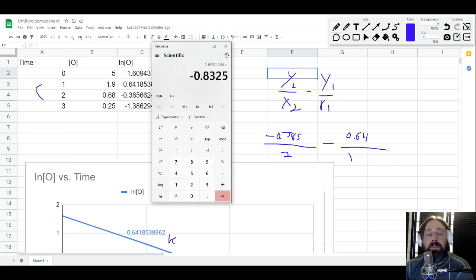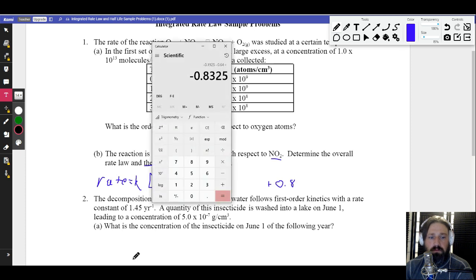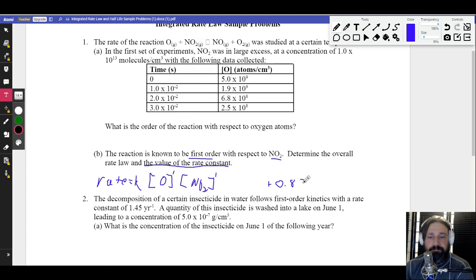Yeah, there we go. Its slope is negative, negative 0.83. So that is going to be our k. Oh, sorry, positive 0.832.